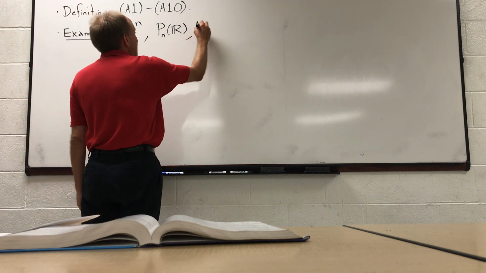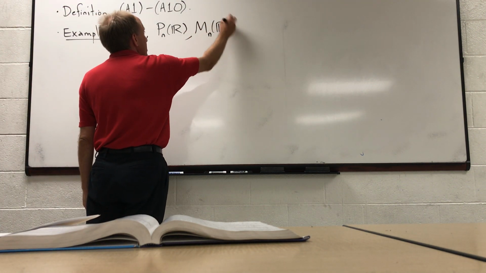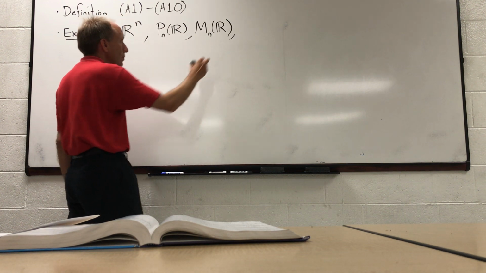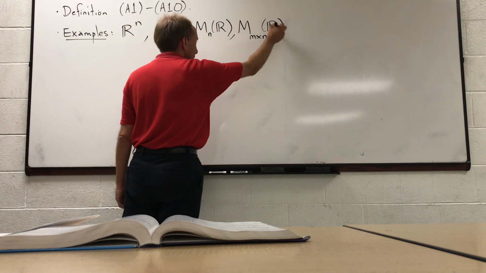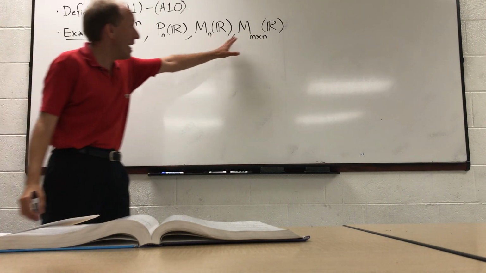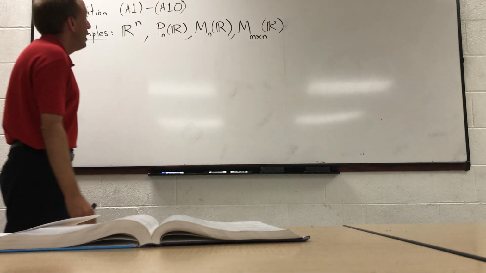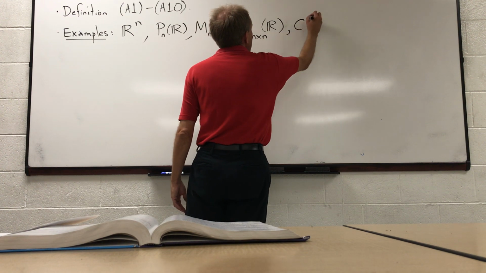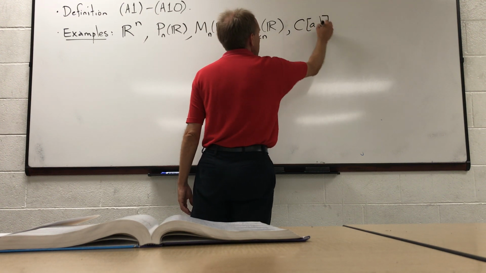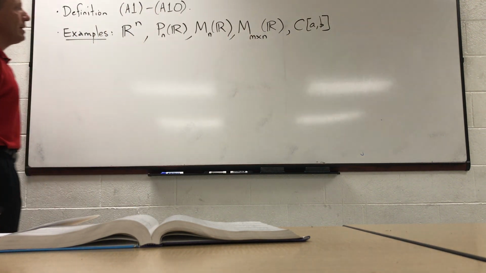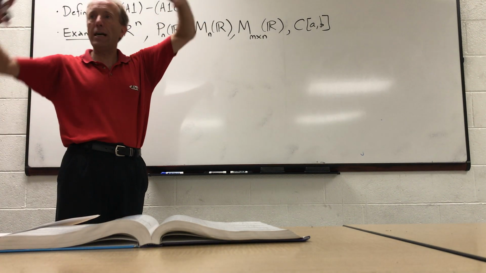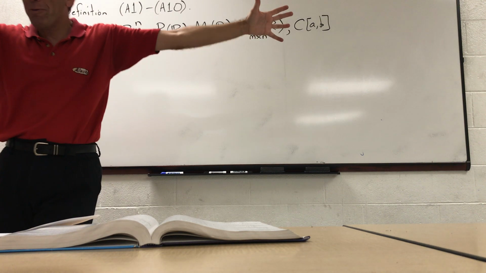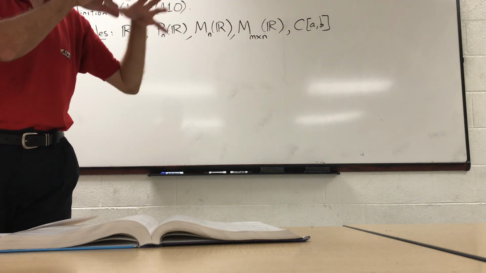We have the n by n matrices, Mn of R, or we can make the matrices any size, not necessarily square, m by n matrices. And then we also have the calculus functions example. So C of [a,b] is a good example. These are the primary, big vector spaces that every problem is happening in.